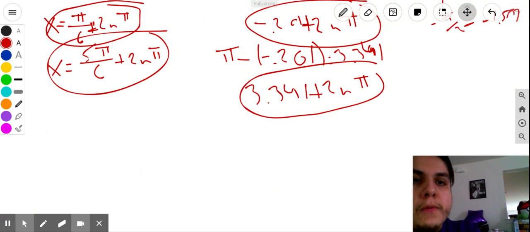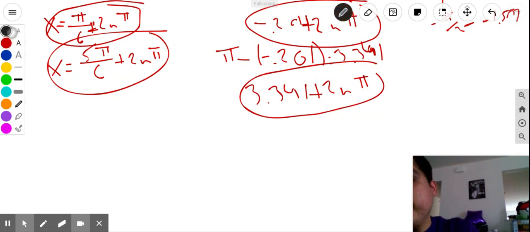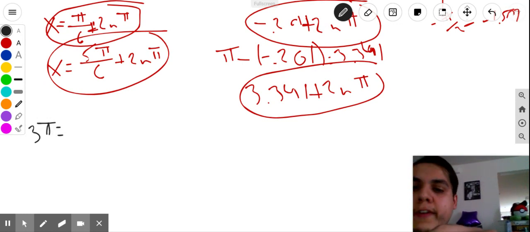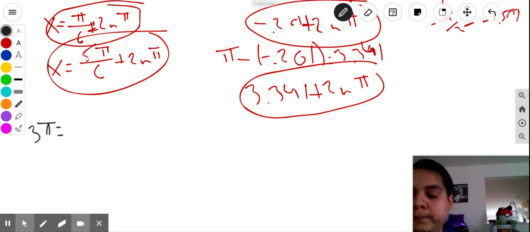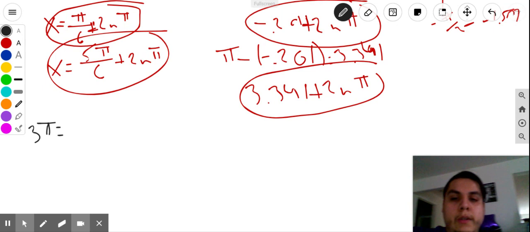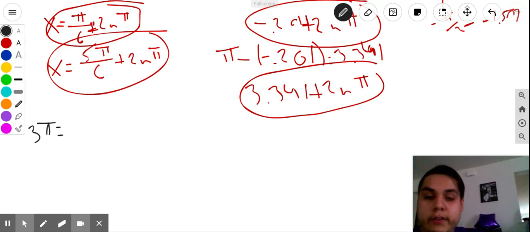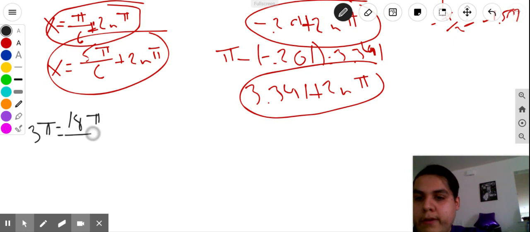So 3 pi can be thought of as 18 pi over 6.